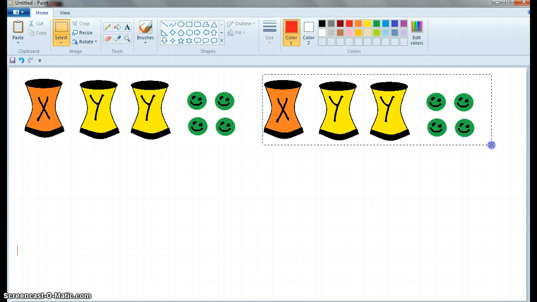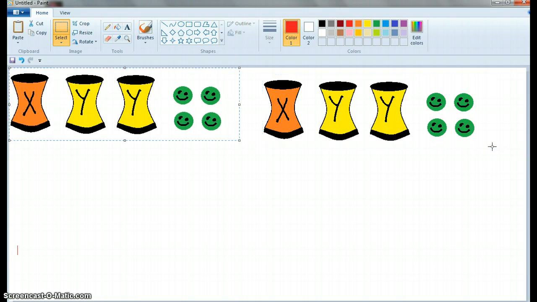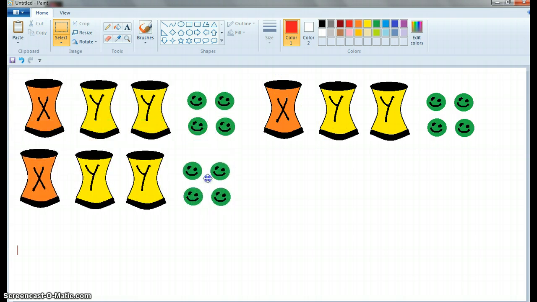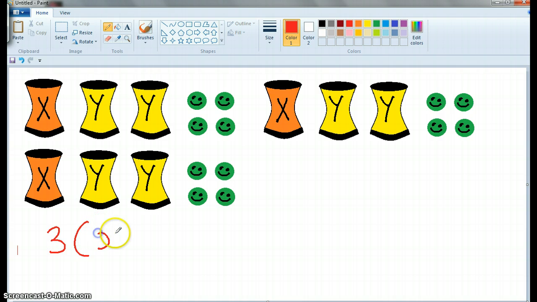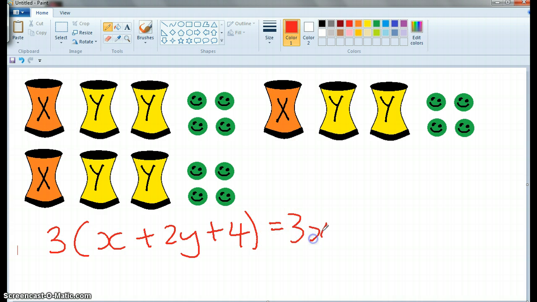So if I go Control C, Control V, now what have I got? 3. Okay, so I've got 3 lots of x plus 2y plus 4, and that equals 3x plus 6y plus 5. Okay, now who understood that? Hands up.